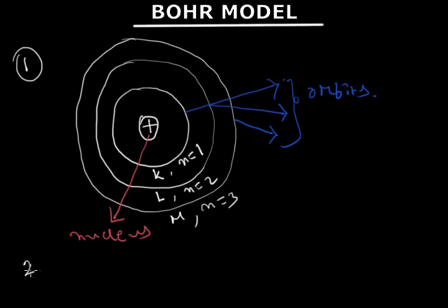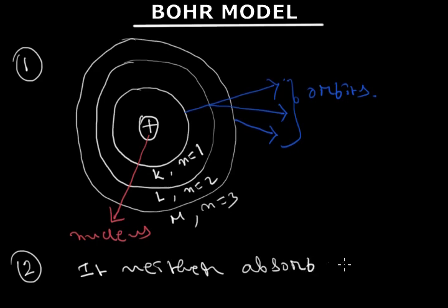The second point states that when an electron revolves in a particular orbit, it neither absorbs nor emits any amount of energy.